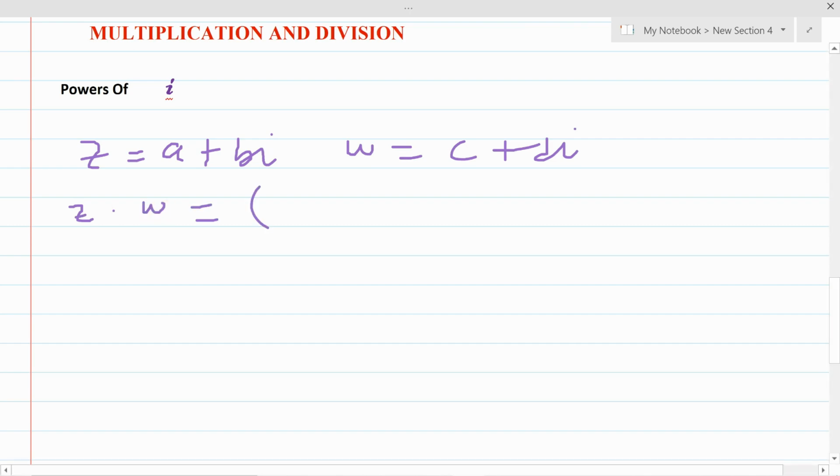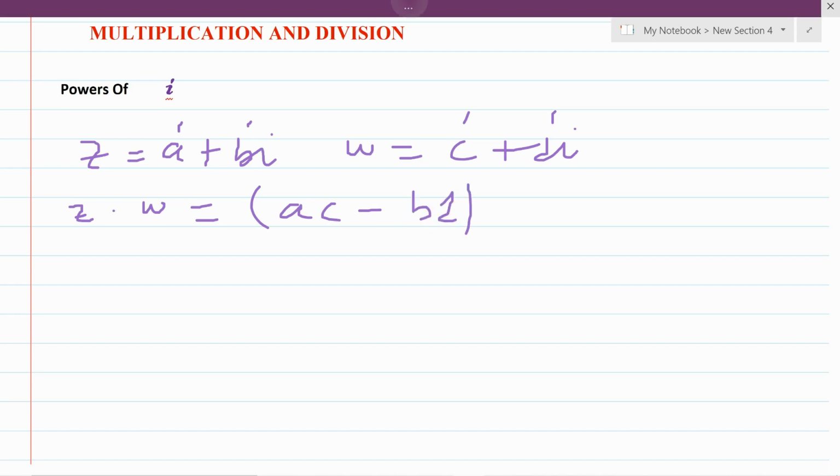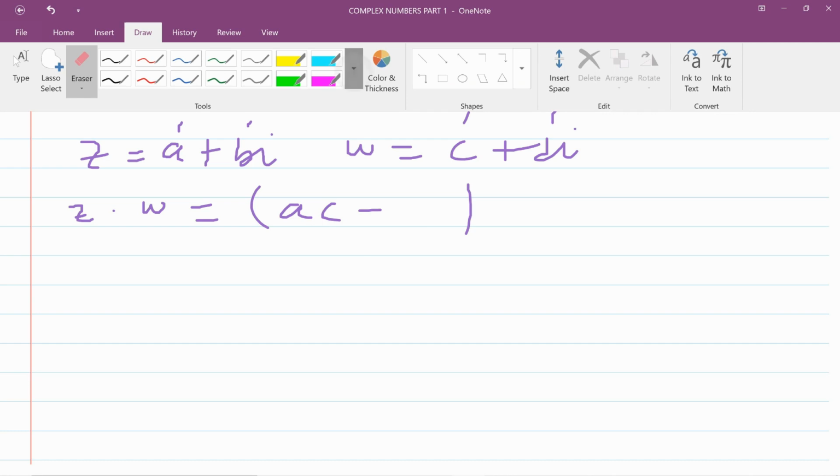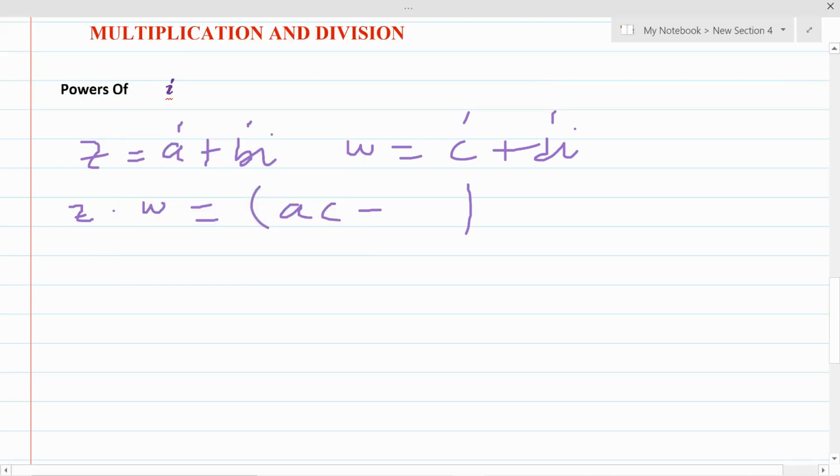You are saying this will be equal to: first you take the first one here, you multiply it by this one, that is AC. Then it will be minus, you take this one and multiply it by that, it becomes BD.